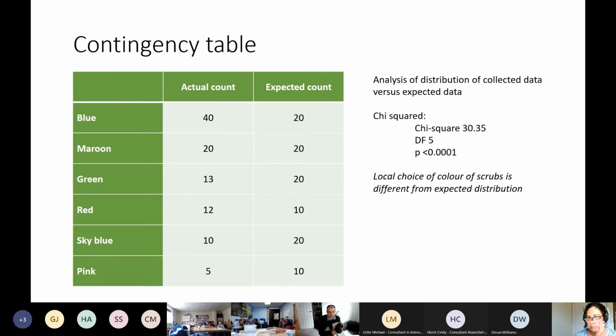Because it's 100 people, you can compare between the two. And what you can do is then analyze your distribution of colours against what you expect from sales figures. You would then conclude the local choice of colour scrubs is different from an expected distribution. And this is where you can use chi-squared tests. I won't go into detail of how to do a chi-squared test because A, I can't remember, and B, it's not very important.